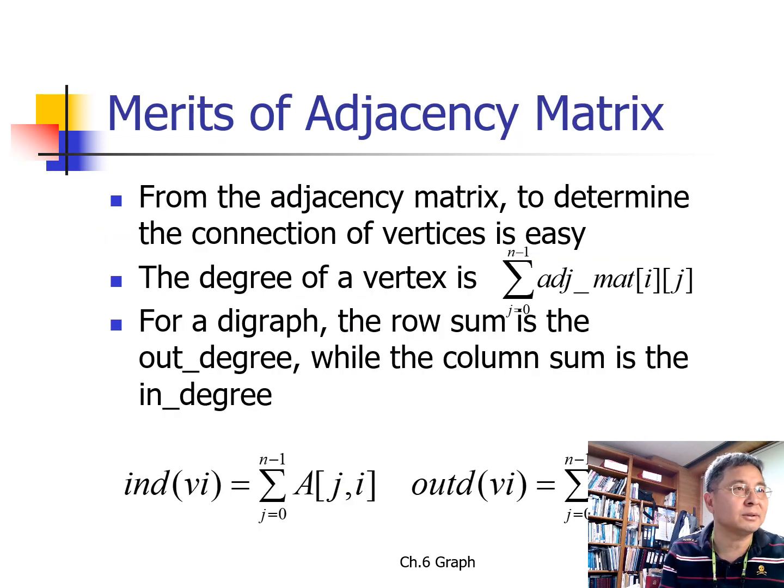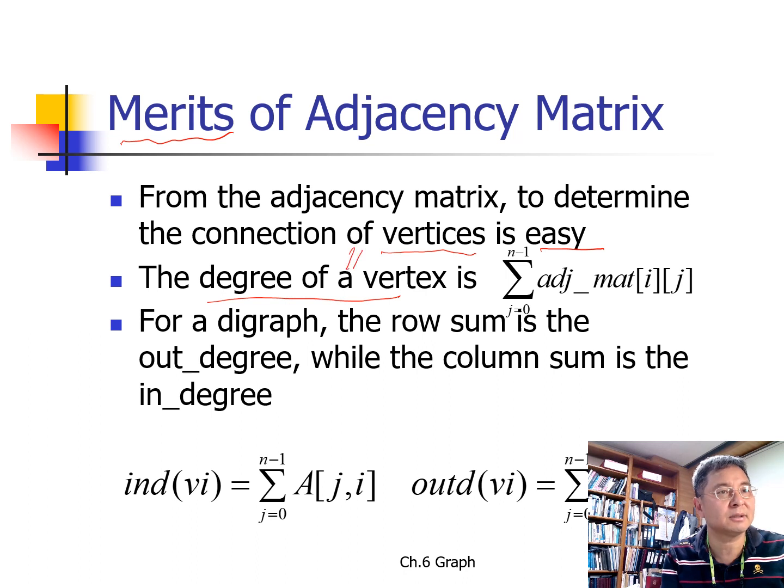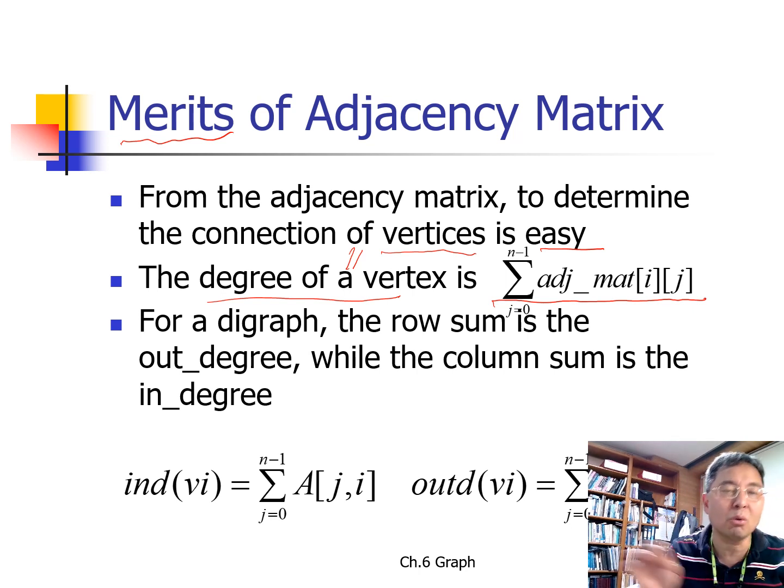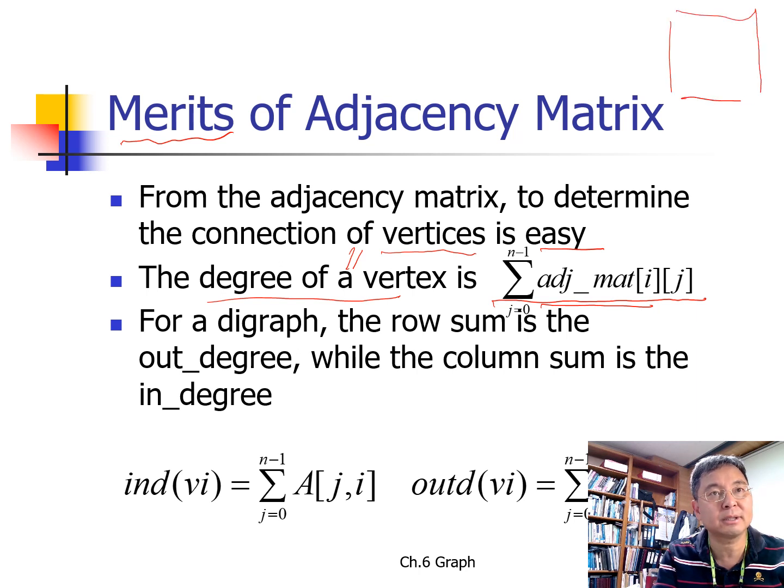So this method, the adjacency matrix, has many advantages and disadvantages. But this is a merit, which means an advantage. Good point. To determine the connection of a vertex is very easy. So the degree of a vertex means that if we sum all of the values in one row, okay, so there is one matrix here.